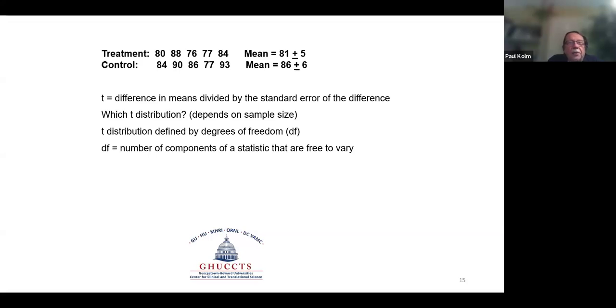And in your textbooks, where you look to understand a t-test, it's defined by its degrees of freedom. And degrees of freedom means the number of components of a statistic that are free to vary.